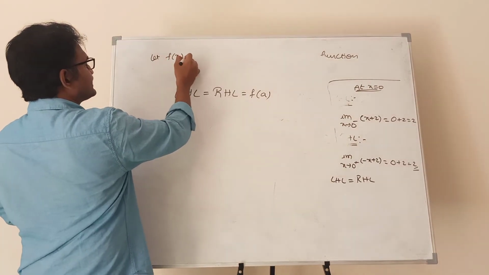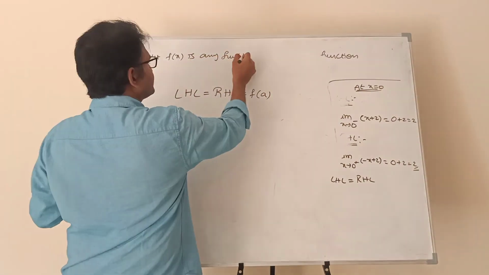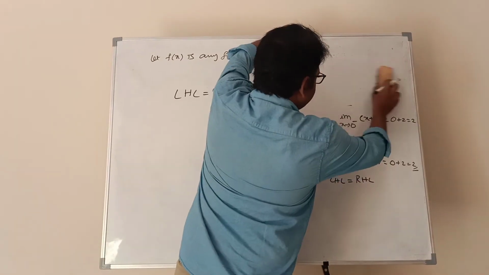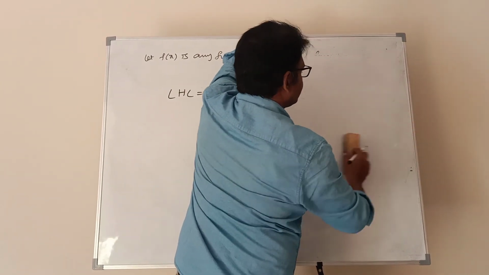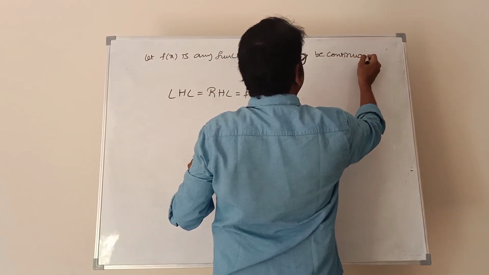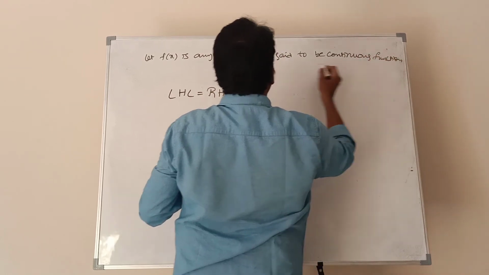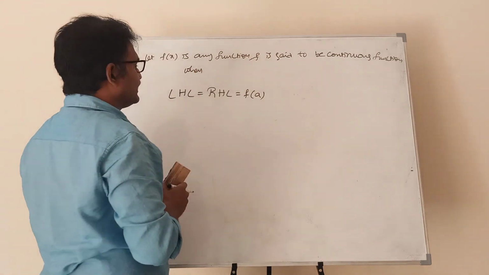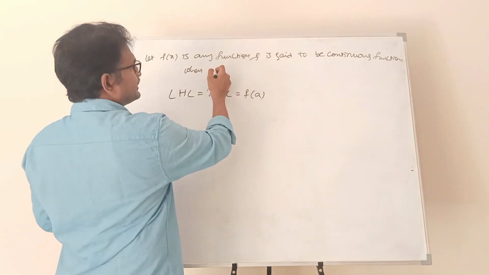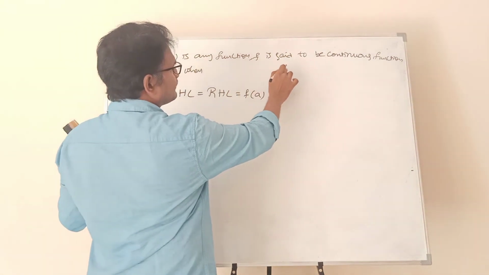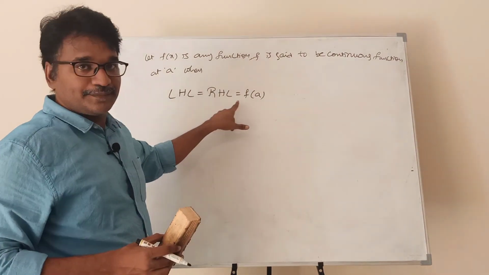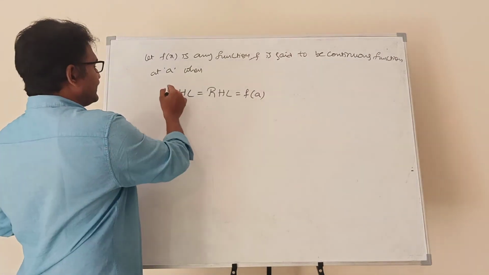Let f of x be any function. F is said to be a continuous function at a when the left hand limit, the right hand limit, and the function value at the particular point, these three, are equal.